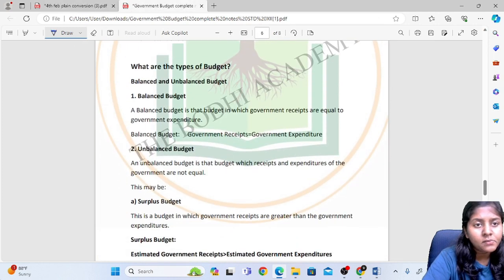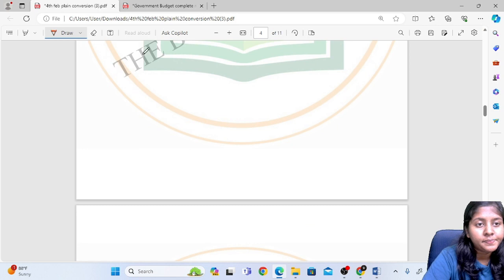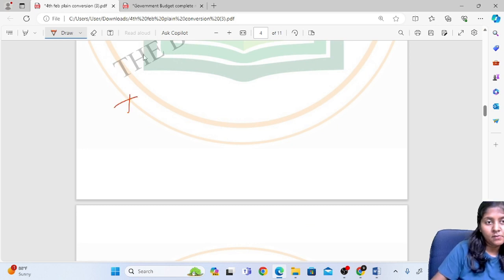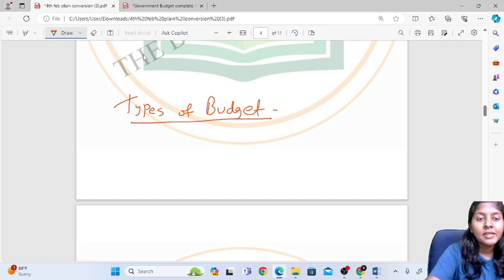Then there are certain types of budget. Which are the different types of budget we have got? There are different types of budget such as balanced budget and unbalanced budget.